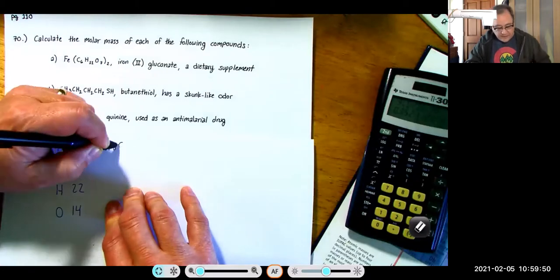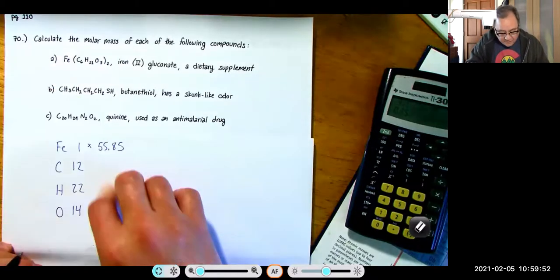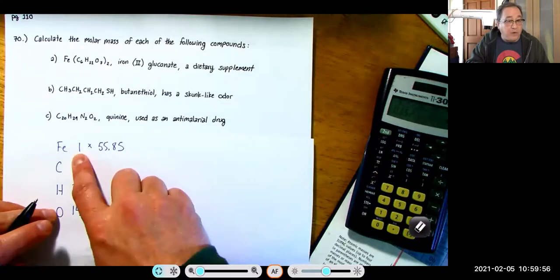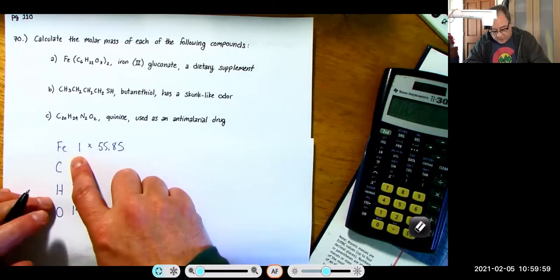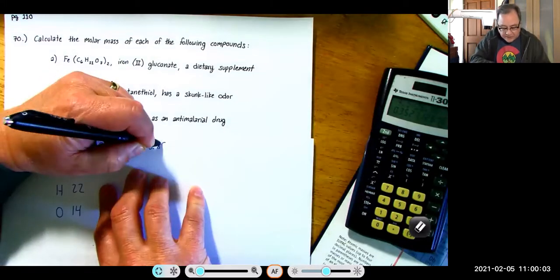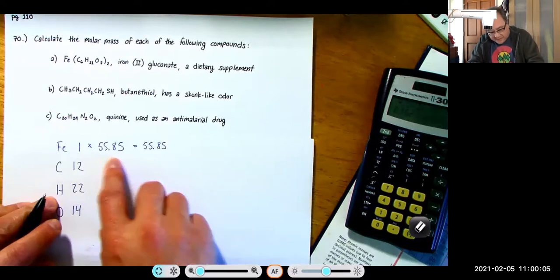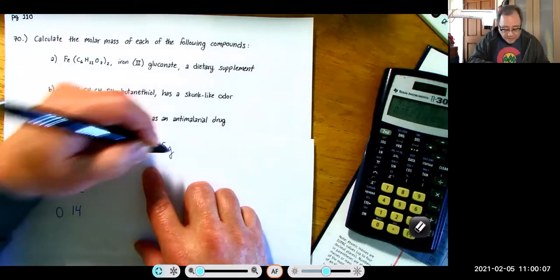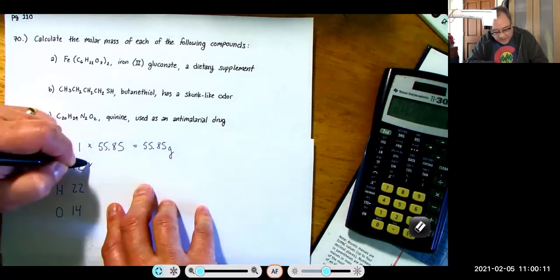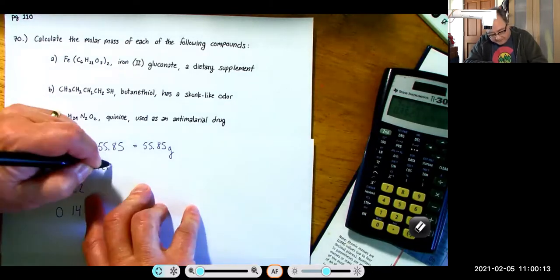Now I multiply the iron times 55.85 because there's 55.85 grams per every 1 mole of iron. For this calculation, I don't really need units, but I'm going to have 55.85 grams in 1 mole of iron. Carbon, I'm going to have 12 times 12.01.